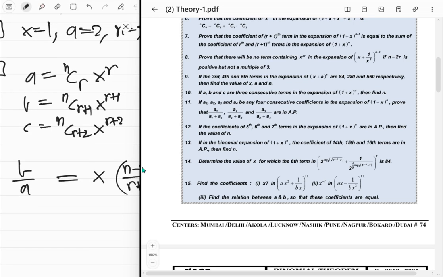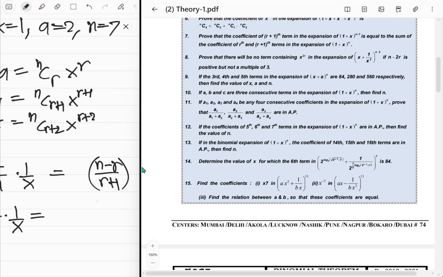That's equal to this, guys. Similarly, C upon B and then 1 upon x, just put r plus 1 instead of r. So it's going to be n minus r minus 1 upon r plus 2. Now think, this is like two equations and two variables, so it's solvable at least. Yeah, that is solvable. Okay, now what do we do after this?